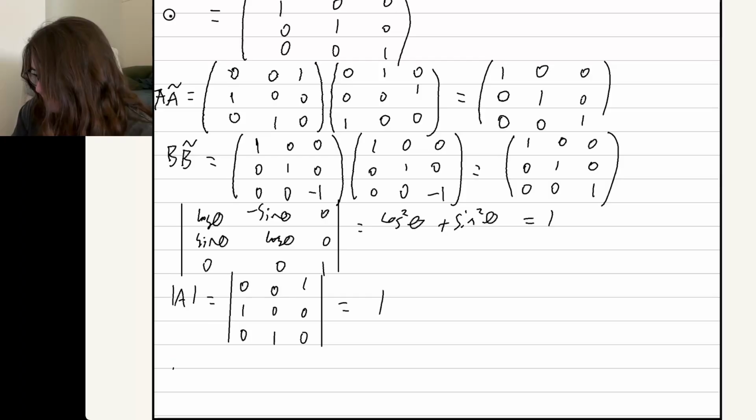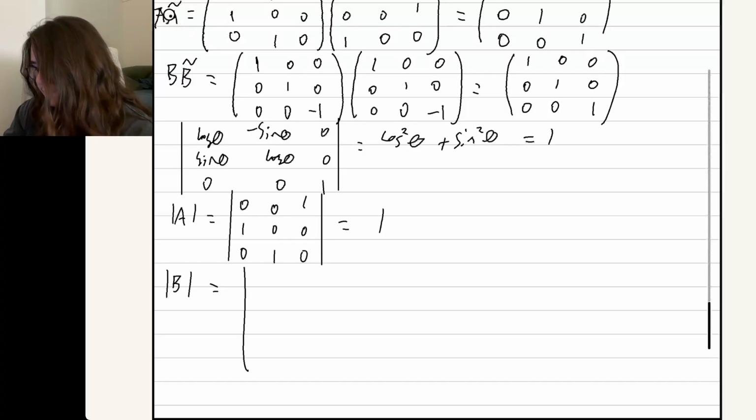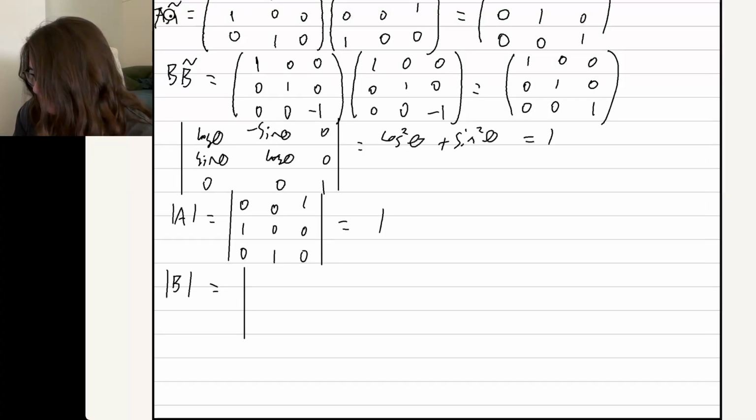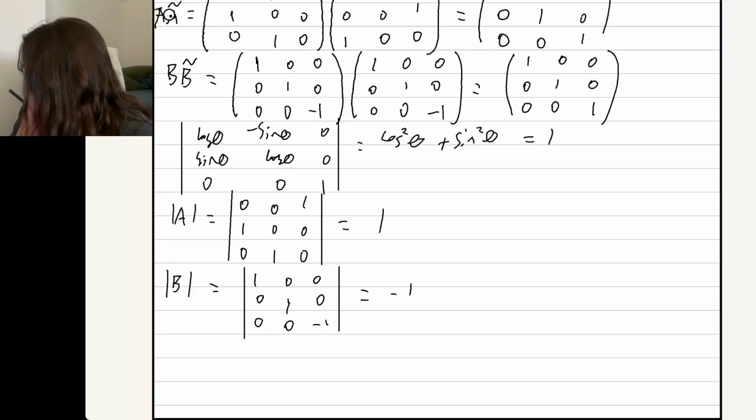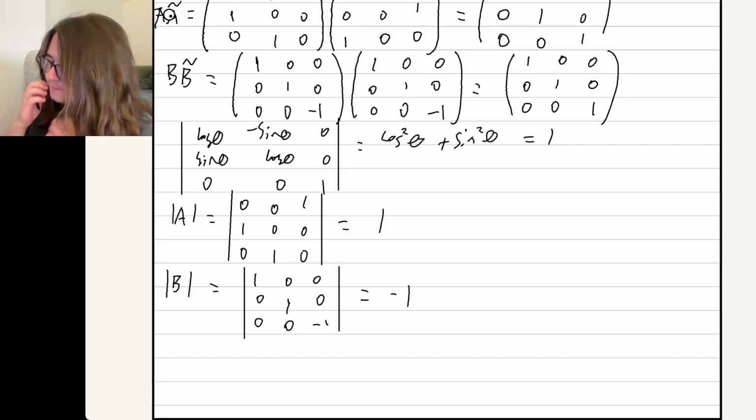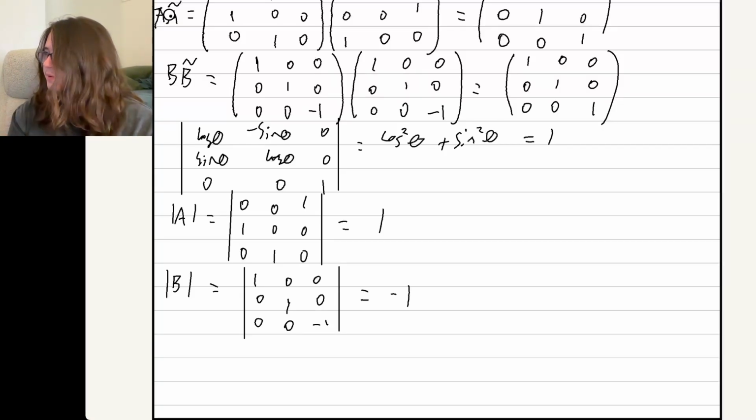Finally, the determinant of the matrix B is not going to be 1. Spoiler. It's actually 1 times 1 times minus 1 equals minus 1. And that's cool. That still makes it an orthonormal transformation. All right.